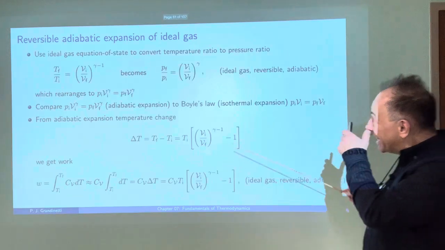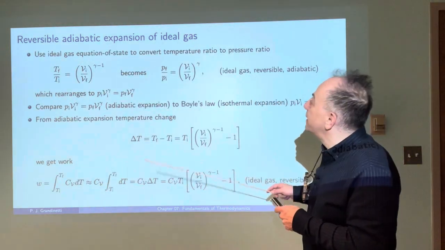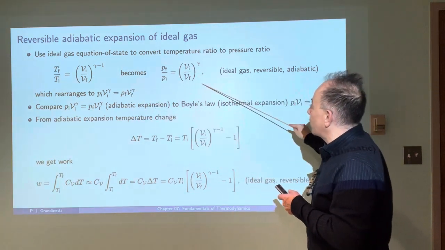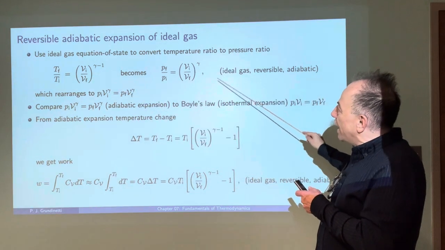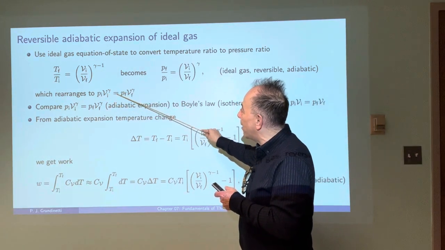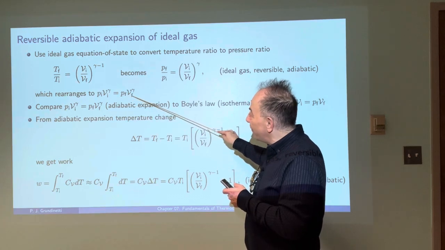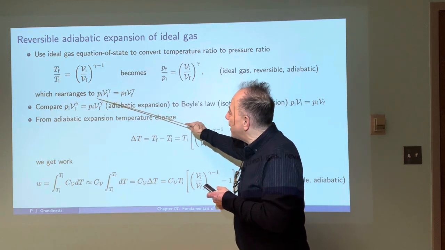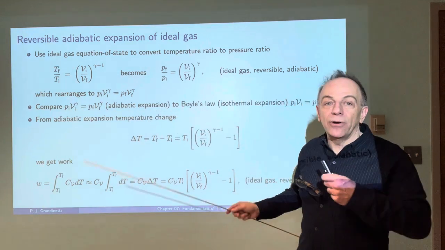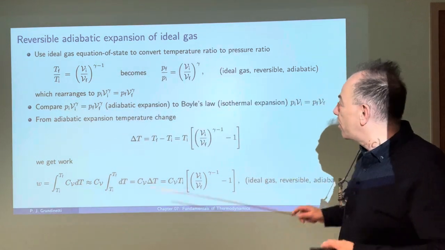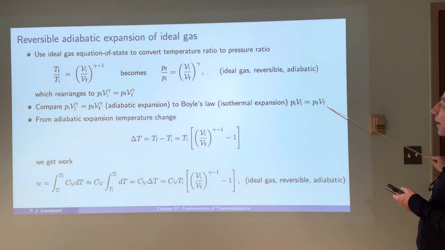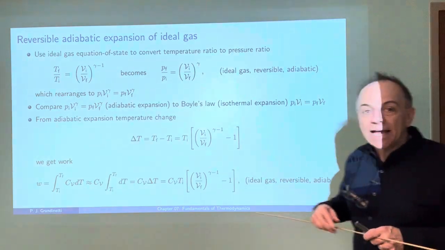And if I take that expression and I use the ideal gas law, again, PV equals nRT, I can from this expression derive this expression here, and then do a little rearranging, and that becomes P initial V initial to the gamma power is equal to P final V final to the gamma power, and that is our expression for adiabatic expansion. And if you remember during isothermal expansion, which is Boyle's law, we had P initial V initial is equal to P final V final.